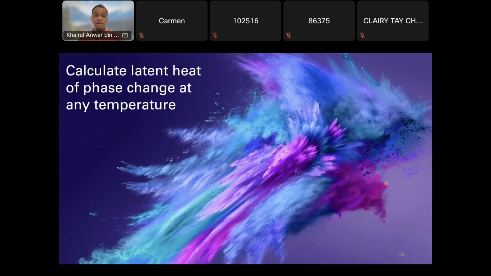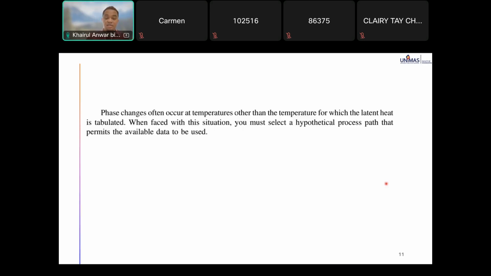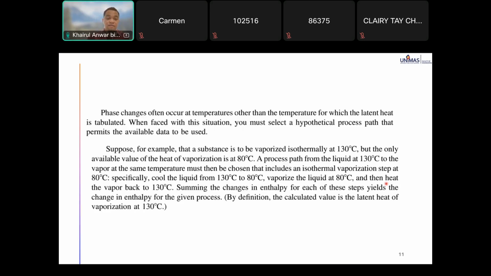Calculate latent heat of phase change at any temperature. Phase changes often occur at temperatures other than the temperature for which the latent heat is tabulated. When faced with this situation, you must select a hypothetical process path that permits the available data to be used.